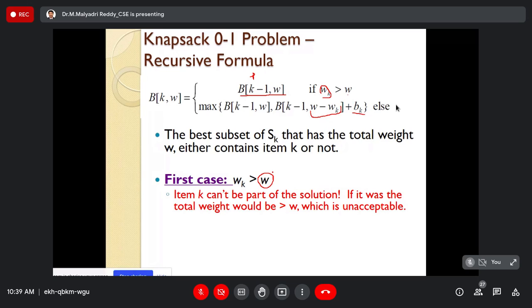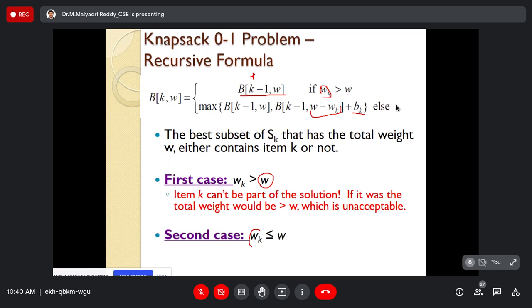Each time we need to check the capacity of the bag while including the objects. Suppose if w_k is greater than W, the object is unable to fit. The available weight is W, the including object weight is w_k. So it is not feasible, because the corresponding object weight is more than the available weight. So it is not possible to include that one. So always you need to check this.